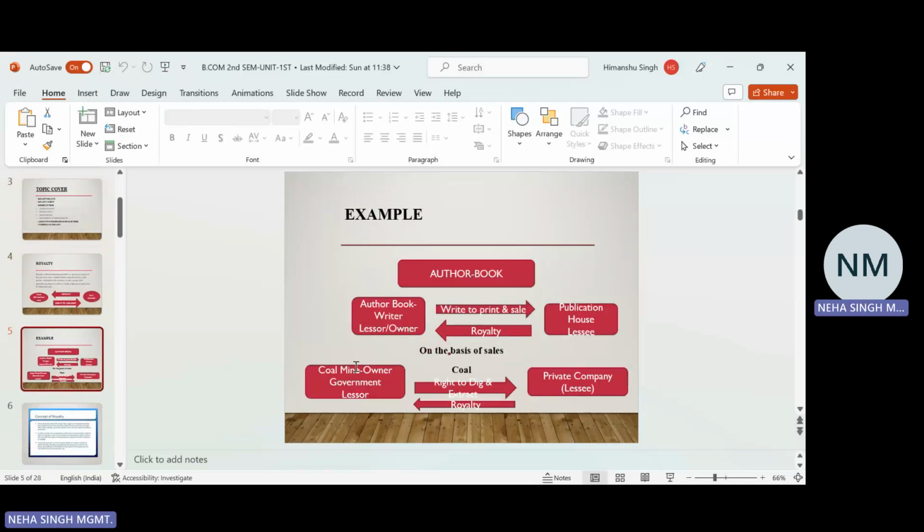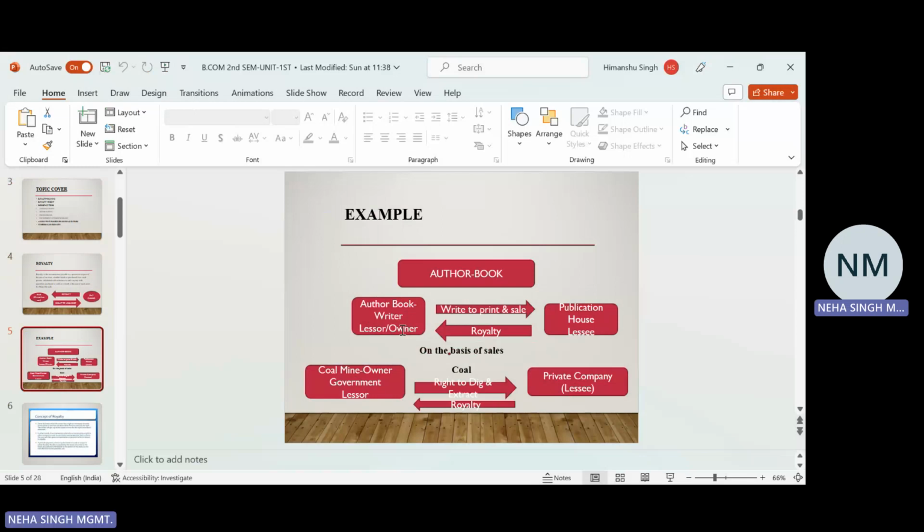For example, we have taken another example in this slide. There is a book, and the author of the book, known as the lessor, gives the right to print and sell his book to a publication house. The publication house is the lessee, and it gives royalty to the author of that book.